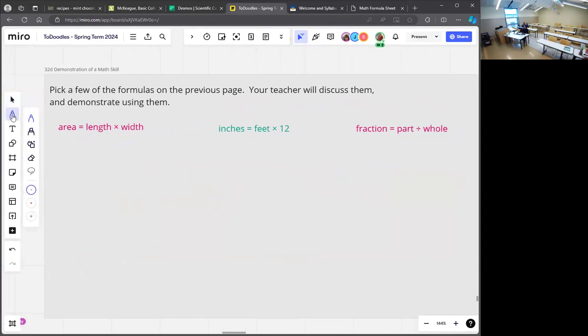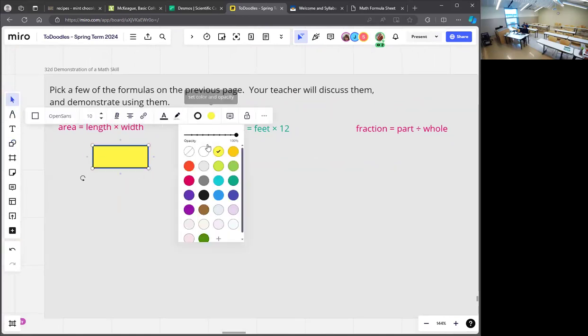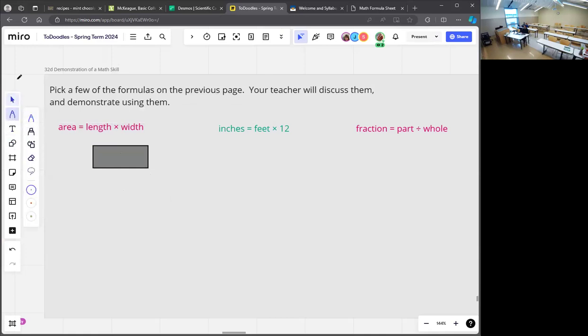Somebody would say, I have a rectangle, and get a pleasant gray rectangle. The length is 5 inches and the width is 2 inches, what is the area?